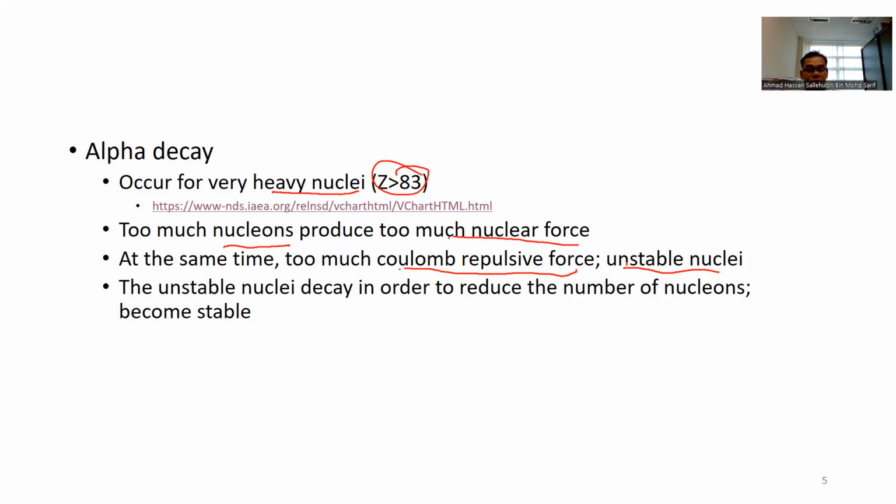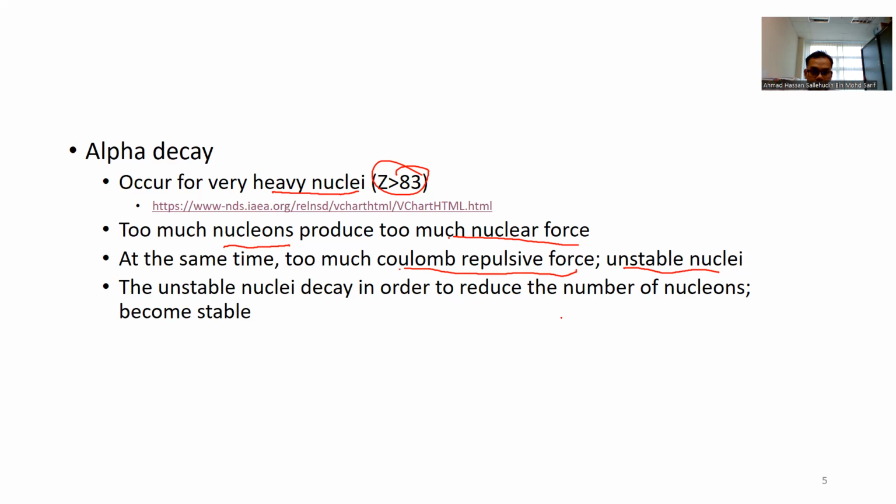As a result, the nuclide will break apart. The nuclide has to find a way to become more stable. The only way is to reduce the number of nucleons that it possesses.